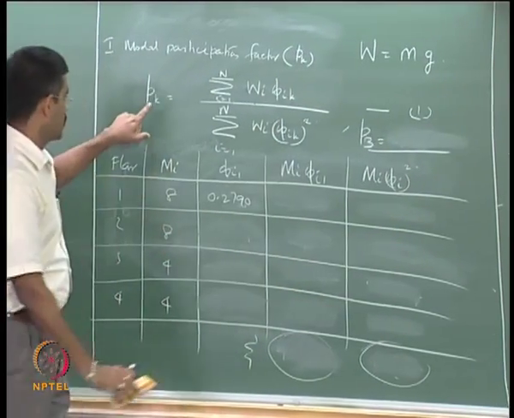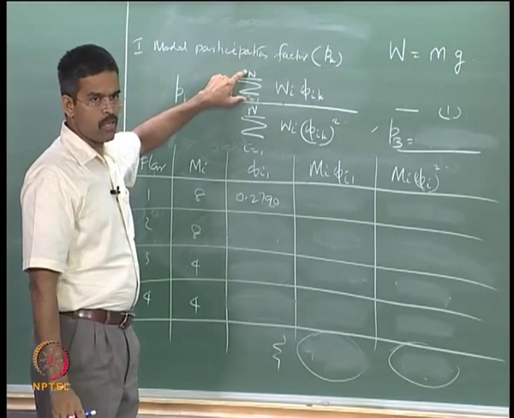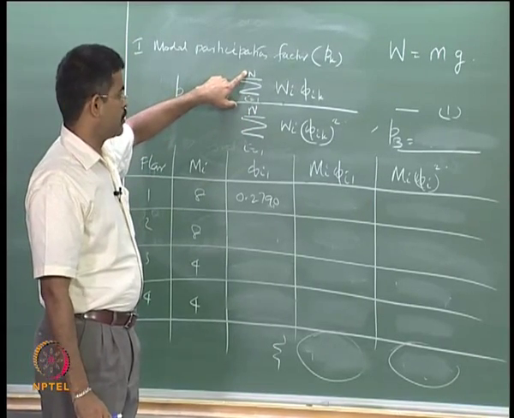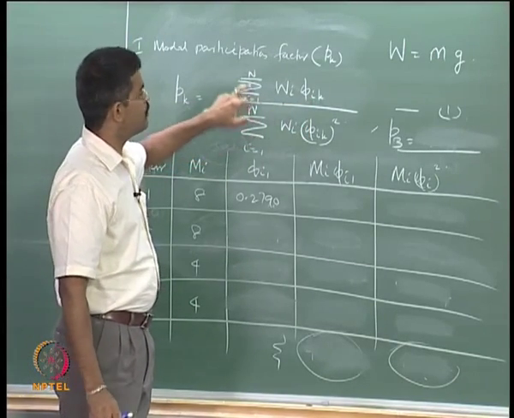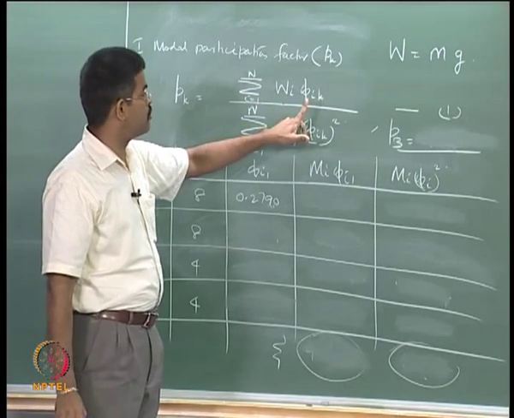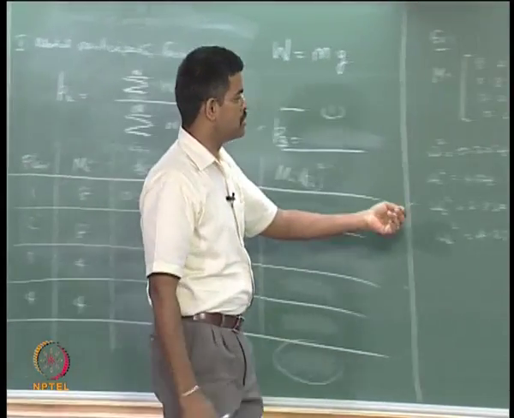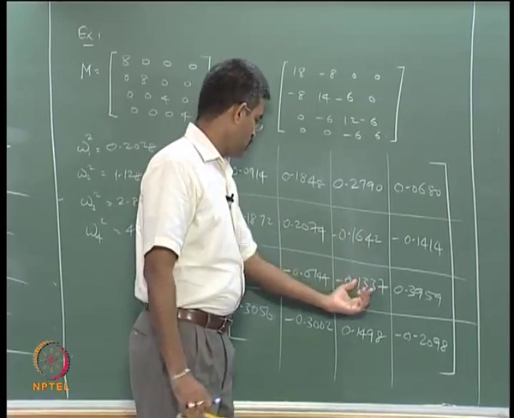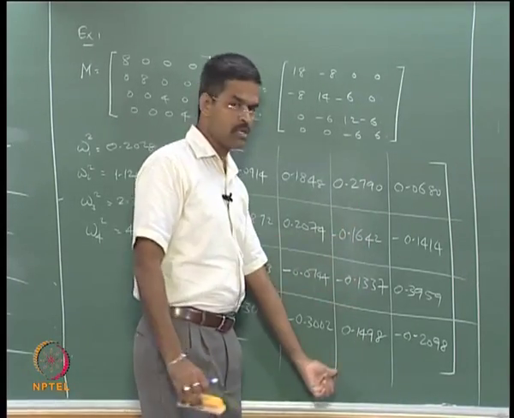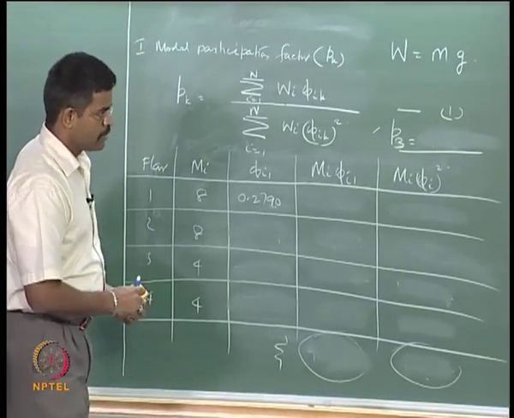My summation will start from 1 to 4. I am looking for all the 4 frequencies, the mode shapes, we are not truncating anything. So, the summation of i will run from 1 to 4, but k will be at 3. So, I should read this as 1 3, 2 3, 3 3 and 4 3. Look at this modal matrix, 1 3 is here, 2 3 is here, 3 3 is here, 4 3 is here. I am looking for the third column of this. So, I am replacing it here.